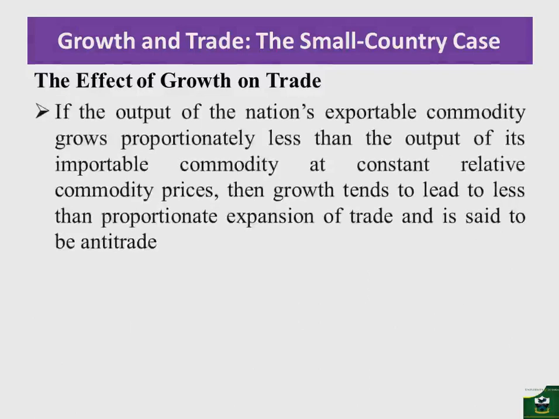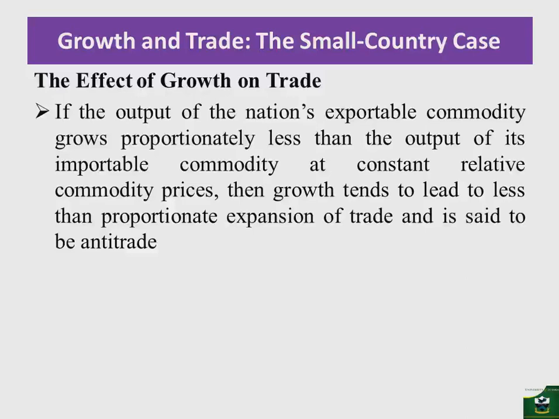If the output of the nation's exportable commodity grows proportionately less than the output of its importable commodity, here we are seeing that the output of the exportable commodity is less compared to the output of the importable commodity. In other words, the nation has produced fewer units of a commodity of its comparative advantage, and has produced more of the commodity of its comparative disadvantage.